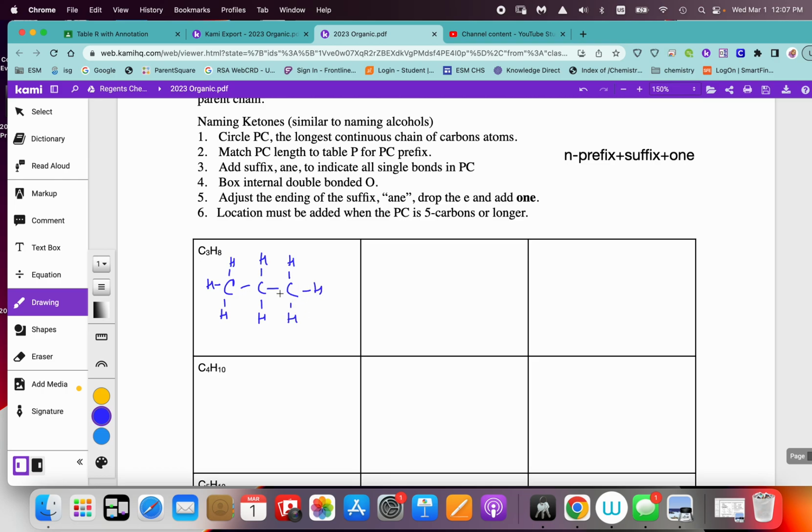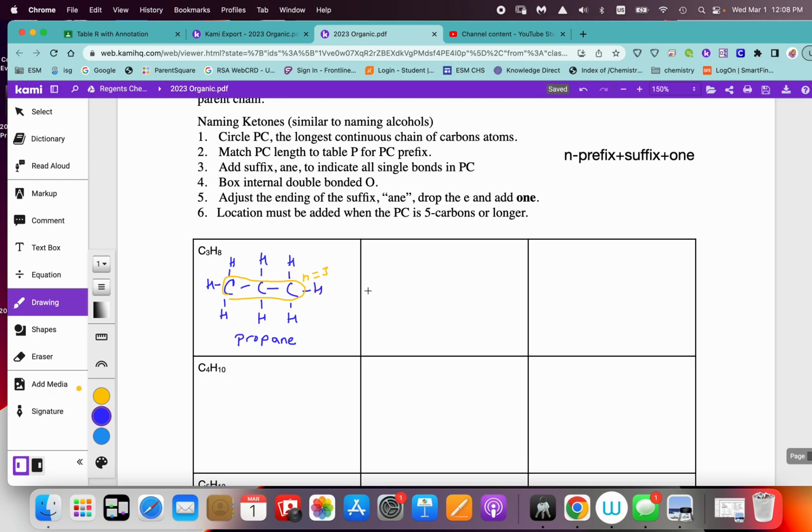And because it's a 3-carbon parent chain, so here's our parent chain. So N equals 3. That means that we use the prefix prop, and those carbons are only linked together with single bonds, so this is propane.